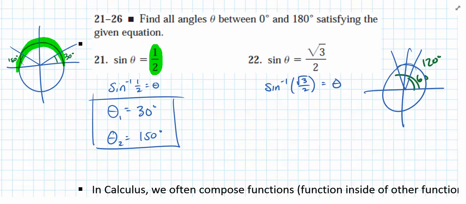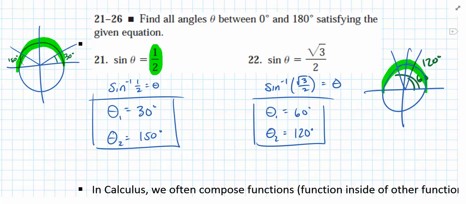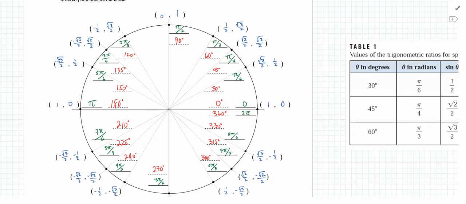Since both of those exist between 0 and 180, then I would say that both theta 1, which is equal to 60 degrees, and theta 2, which is equal to 120 degrees, are acceptable solutions to problem number 22. Again, you can verify that work by looking at your unit circle.